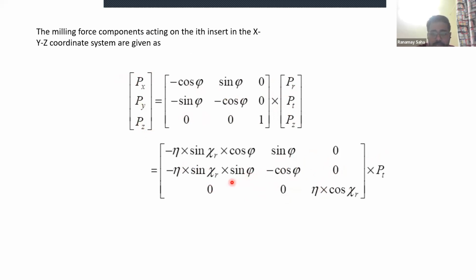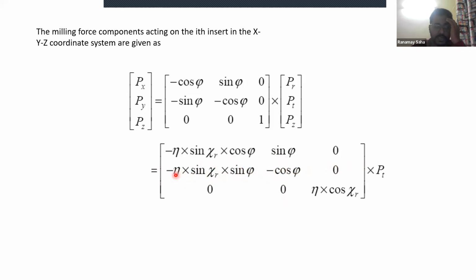Now, here you can see what is the value of px. That is minus eta of sine xa cross cos phi, into pt plus sine phi plus 0, right? Similarly, in the y direction, you have this, in the z direction, you have this. So if you take the magnitude, you can see that mod of this y direction force, y direction component becomes the maximum of these three, right?